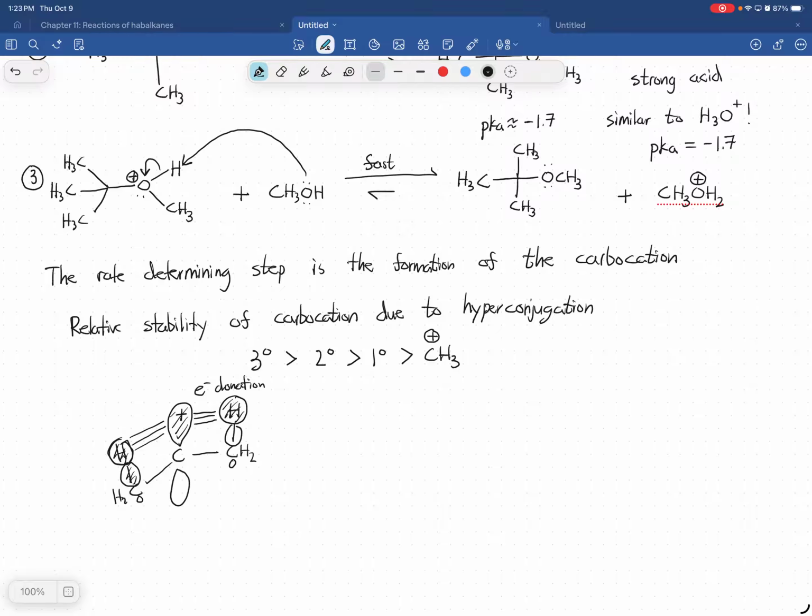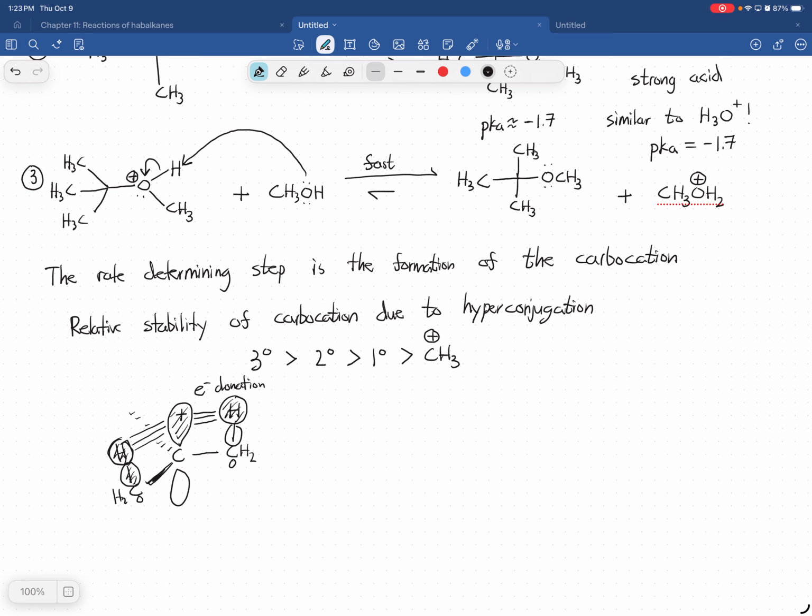And that stabilizes it, okay? So if you have a filled bond and it can interact with an empty bond, it can donate electron density through space. So it's not forming a bond though. So it's just interacting with it. It's orbital overlap, okay?